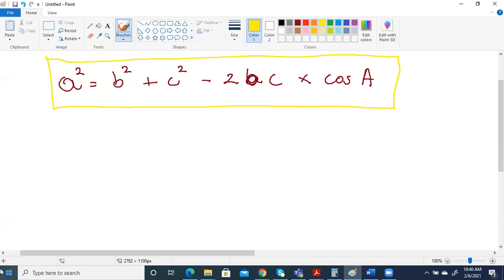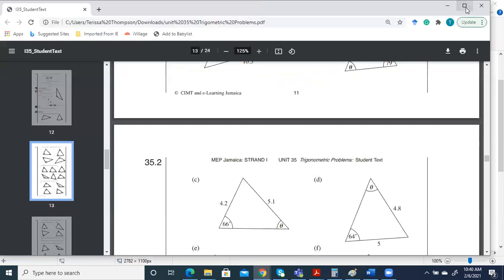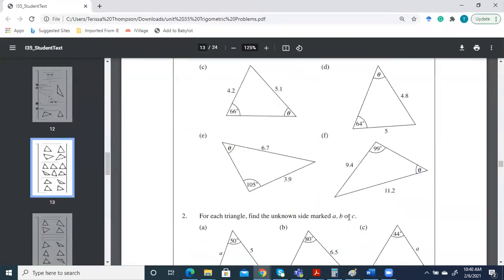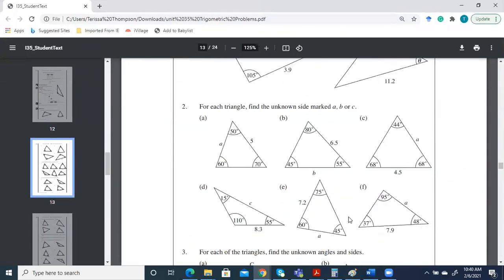So we're going to do the first three. Let's go. I think page 12, exercise 2. All right. So these are, no, these are sine.